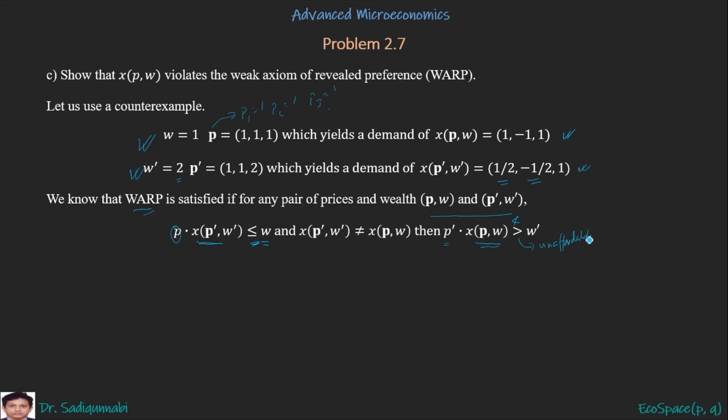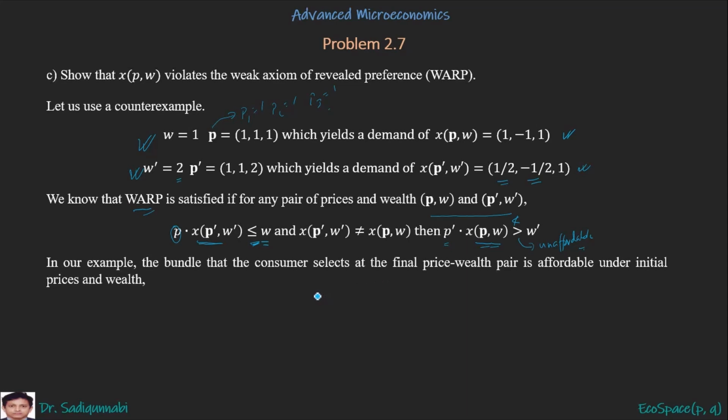So in our example, the bundle that the consumer selects at the final price-wealth pair is affordable under the initial price and wealth. How?